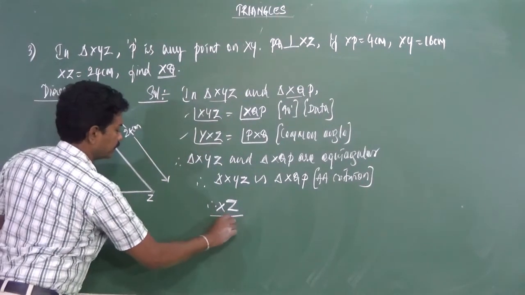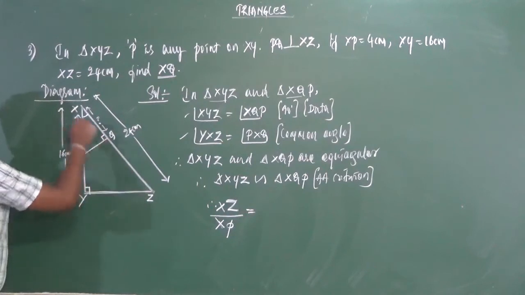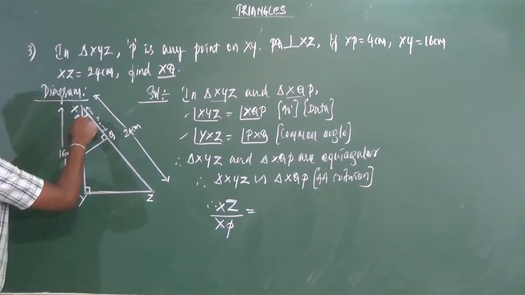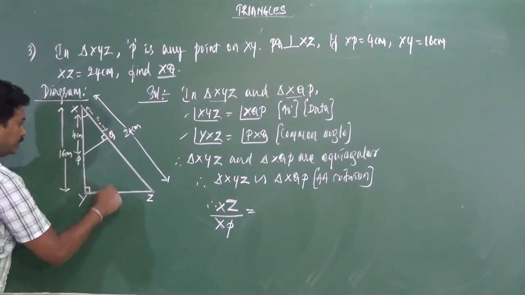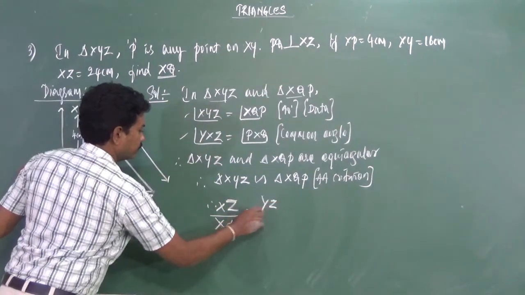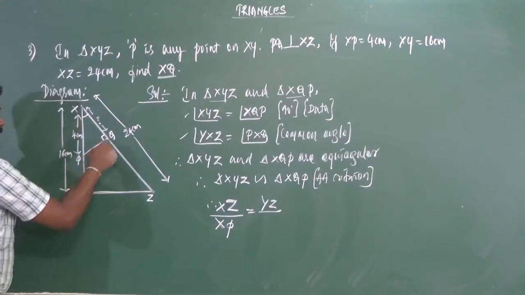That is XZ by XP is equal to, in the bigger triangle, opposite to the common angle, which is common for both triangles, is YZ. So YZ by, in the smaller triangle, opposite to the common angle is PQ.